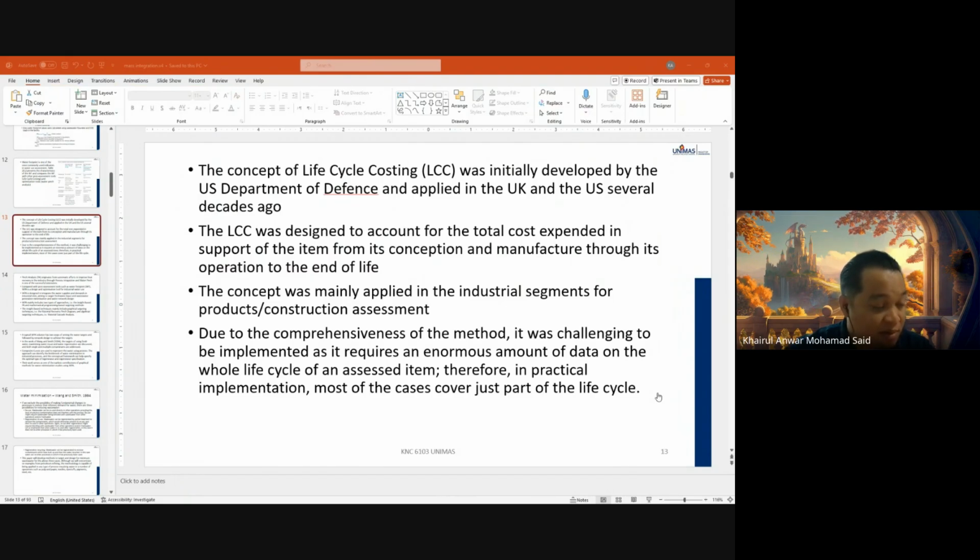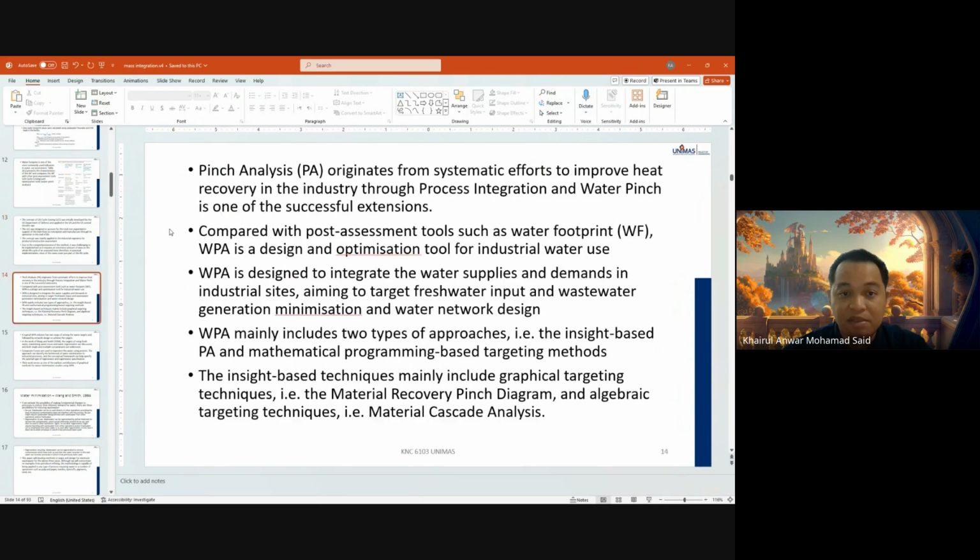It allows you to calculate targets for minimum water intake and maximum reuse, and even lay out your piping network. So WPA tells you how to design the system. LCC, in this case life cycle costing, evaluates the financial impact after the design concept is set. I hope it's clear.